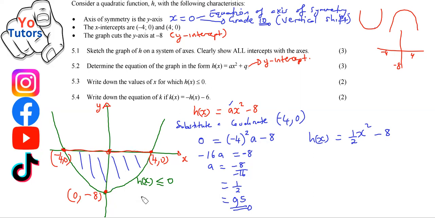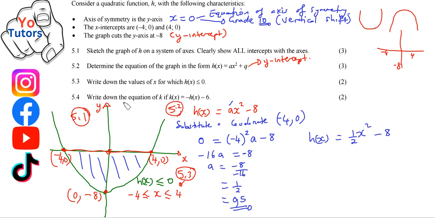So which is negative 4 less than or equal to x less than or equal to 4. That's what we see. So that's the answer there for question 5.3. This one was 5.2. This one is 5.1.